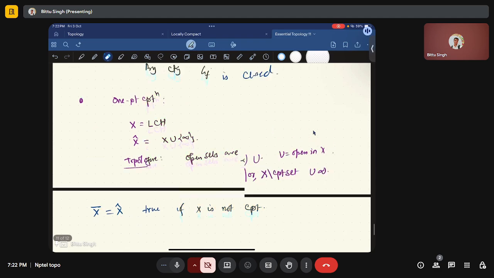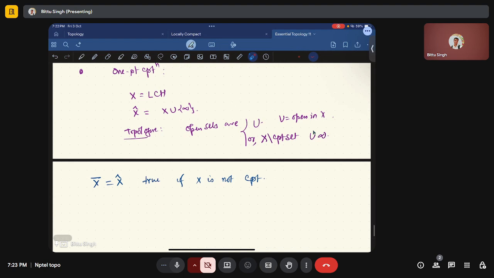That will be true if X is not compact. Otherwise, if X is compact, then infinity itself will be a neighborhood. Just take the compact set, include a point, and define the topology as the previous one, and just take one additional open set, infinity. Also we need to take the union with the previous open sets. So this is the problem.